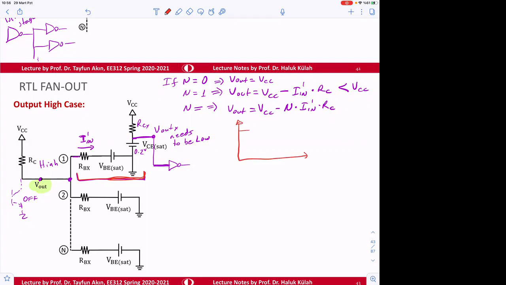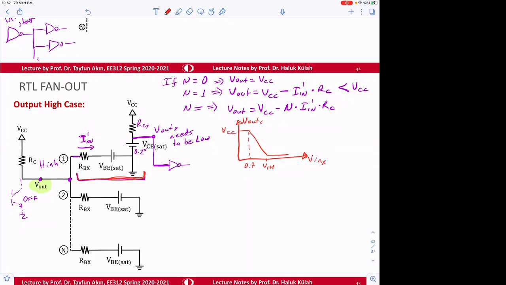So this is V in, this is V out. Let me put V in X and V out X, which is the same as the first stage, just to declare that it is the case here. So this is V input high, and then this is VCC originally, right?